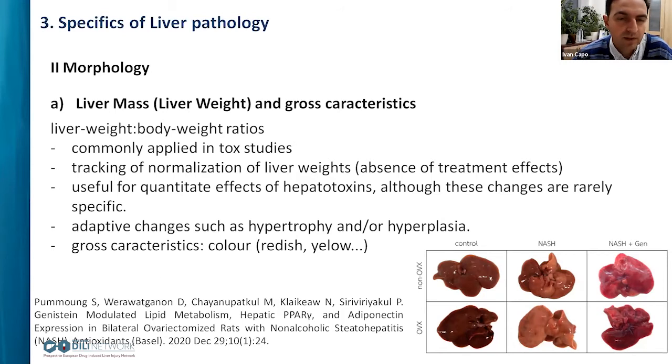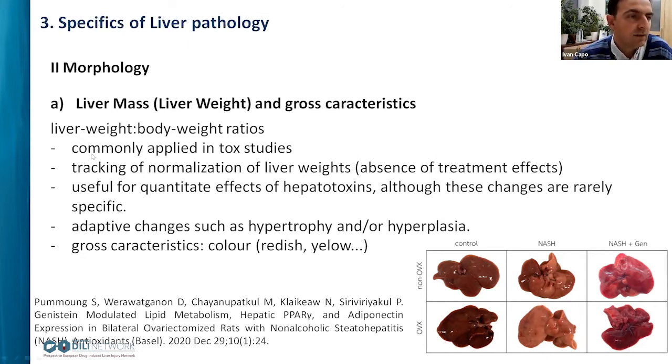If I see that the liver is, for example, more yellow, we can expect more steatotic changes, or if we find a liver with some reddish regions, we can expect more intensive appearance of necrotic regions.